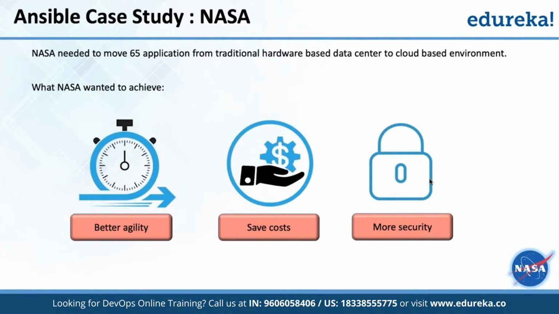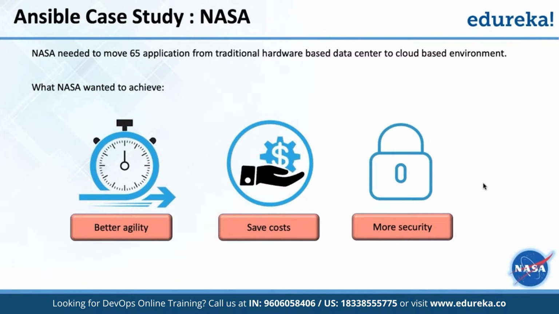Let's talk about a case study of how organizations using Ansible are saving time and making their lives easy. NASA, the National Aeronautics and Space Administration, the US space agency, wanted to move 65 applications from traditional hardware servers to a cloud-based environment. At the same time, when they migrated, they wanted to save some cost.